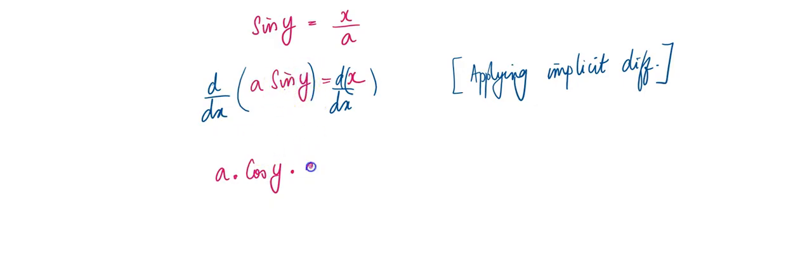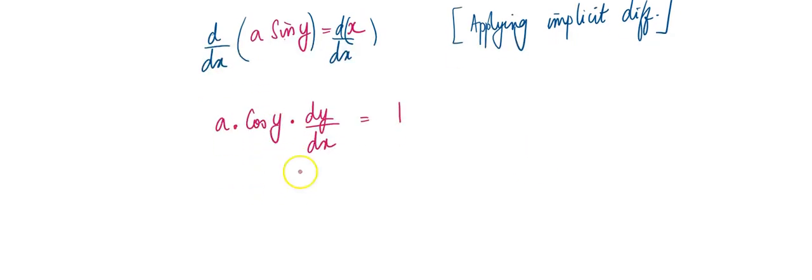The inside is the y, because y is not x. The resulting derivative of y would be dy over dx, and the right side will be 1. Okay, so the left side involved chain rule as part of the implicit differentiation. And implicit differentiation expects us to solve for dy over dx, which is going to be 1 over a cosine y. So we got 1 over a cosine y.